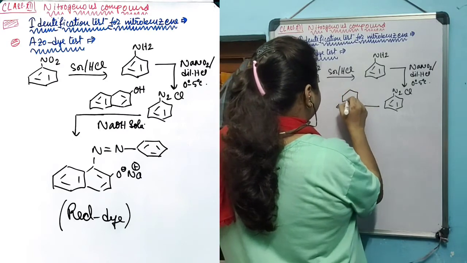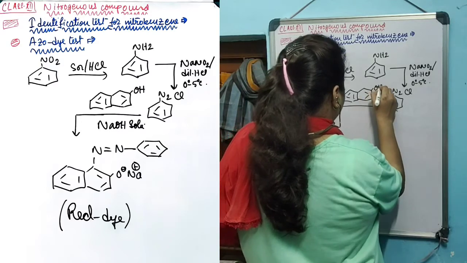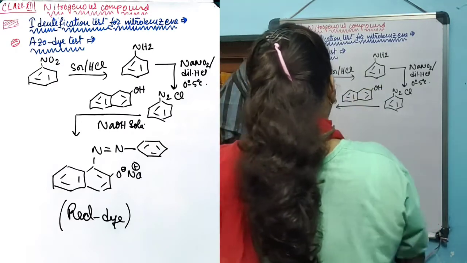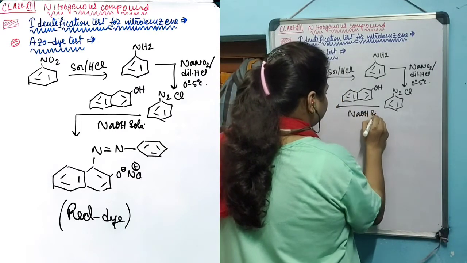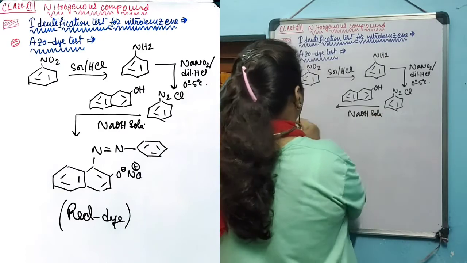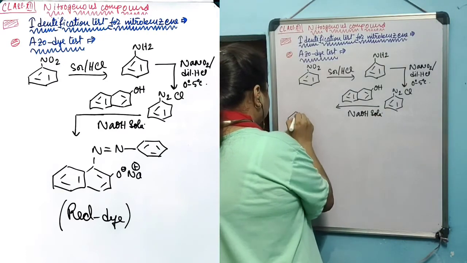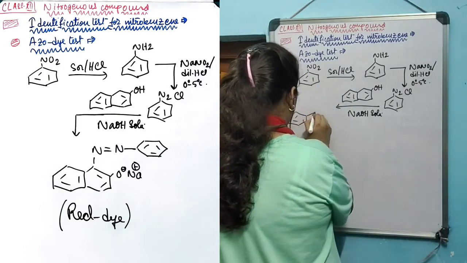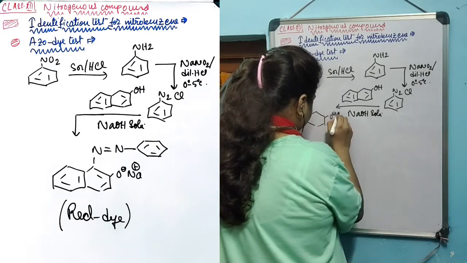When benzene diazonium salt is treated with beta naphthol in NaOH solution, this is the product that is formed.